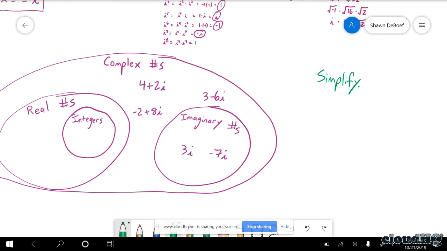For simplifying, I'll start over in my numbering. I could take something like -1 plus 5i. So that's a complex number, and add to it another complex number, say -2 minus 3i.